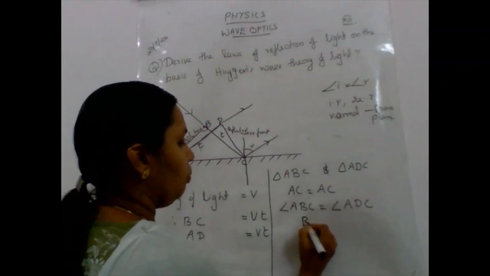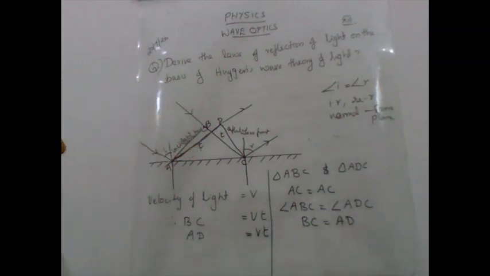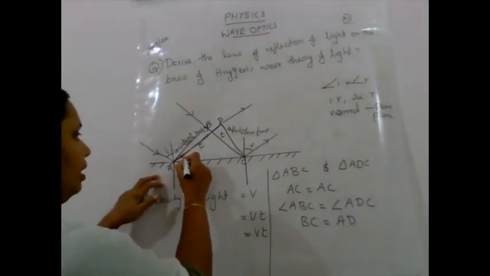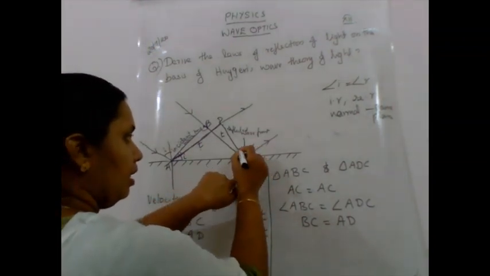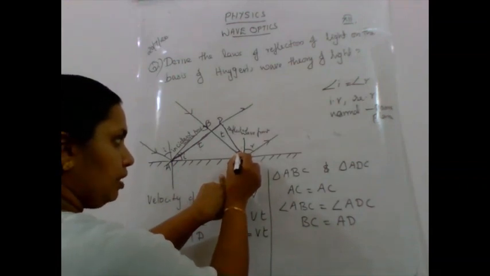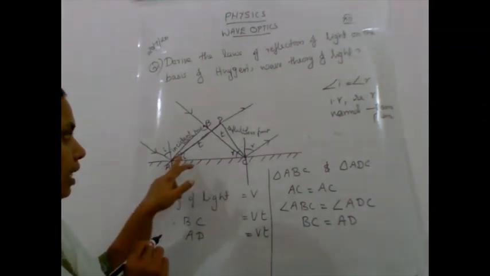BC is equal to AD. Therefore, what is it? Yes, this angle, isn't it? This angle is I. And what is this angle? This angle is R. So this angle is 90 minus R. Therefore, this angle is equal to R. Isn't it? This angle is I and this angle is R.